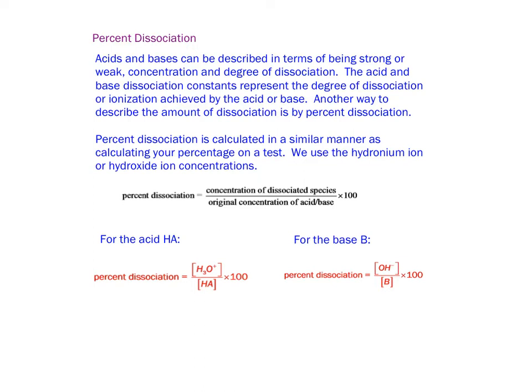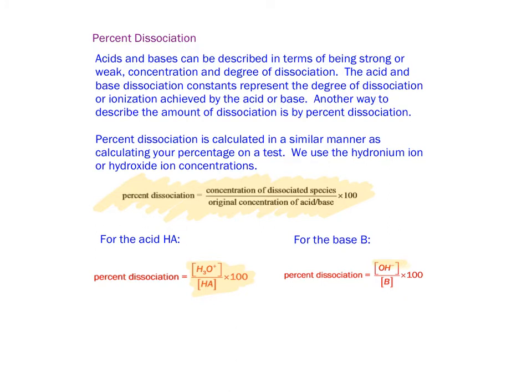Now, percent dissociation is kind of like just figuring out percent. So if you understand how you do percent, then it's going to be fairly straightforward. The percent dissociation is just going to be the concentration of the dissociated species divided by the original concentration of the acid or base. So basically, for an acid, it would be the hydronium ion concentration divided by the concentration of that acid times 100.